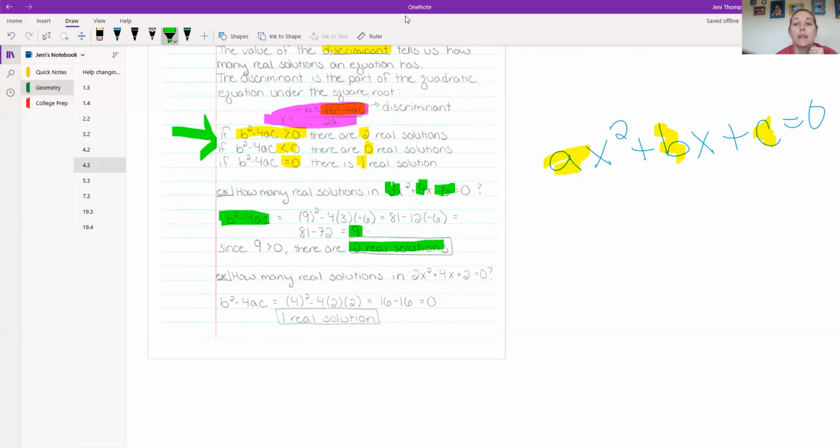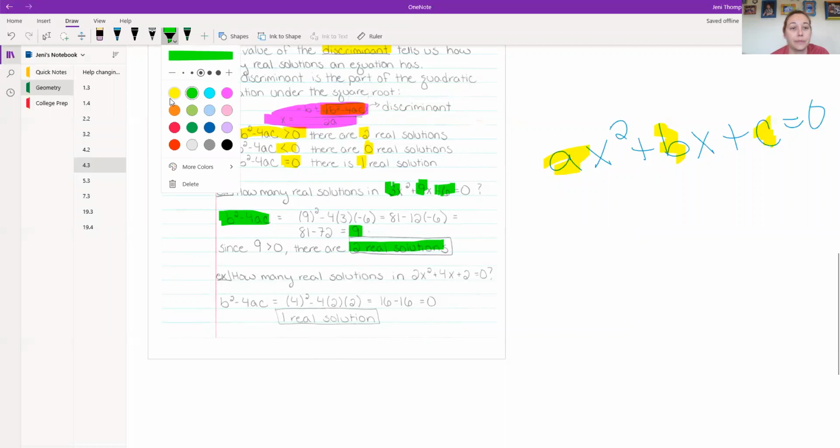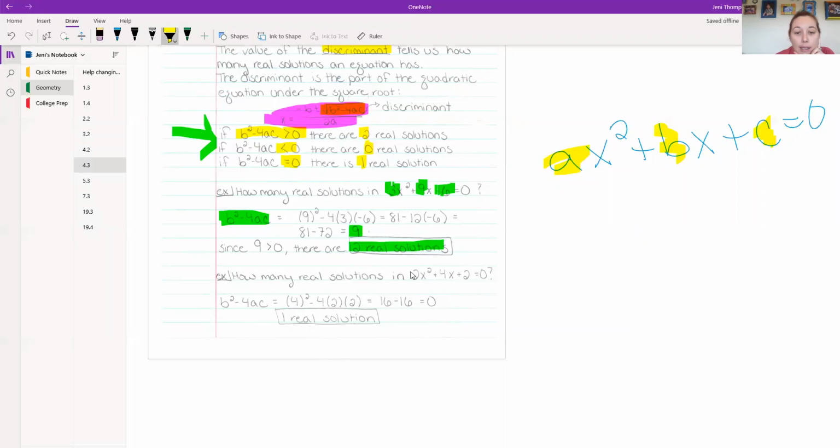Okay, so let's look at our second example down here. Here's our a, here's our b, here's our c. So when we input those into our discriminant, we've got b squared, which is 4 squared, minus 4 times a times c. 4 times 2 is 16, and 4 squared is 16.